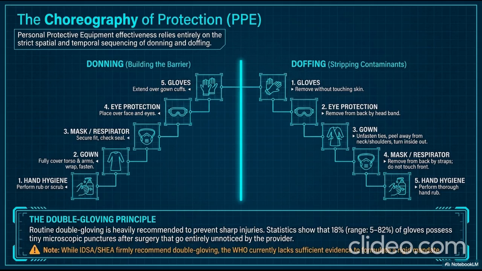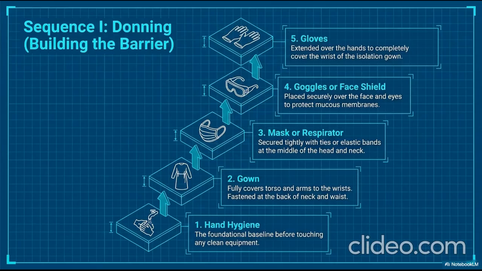Slide 9. Sequence 2. Doffing, stripping contaminants. Doffing is a critical phase designed to strip contaminants without causing self-infection, starting with the removal of gloves, the most contaminated item, by turning them inside out. Goggles or face shields are removed safely by handling only the clean headband, followed by unfastening the gown and rolling it into a bundle away from the body.